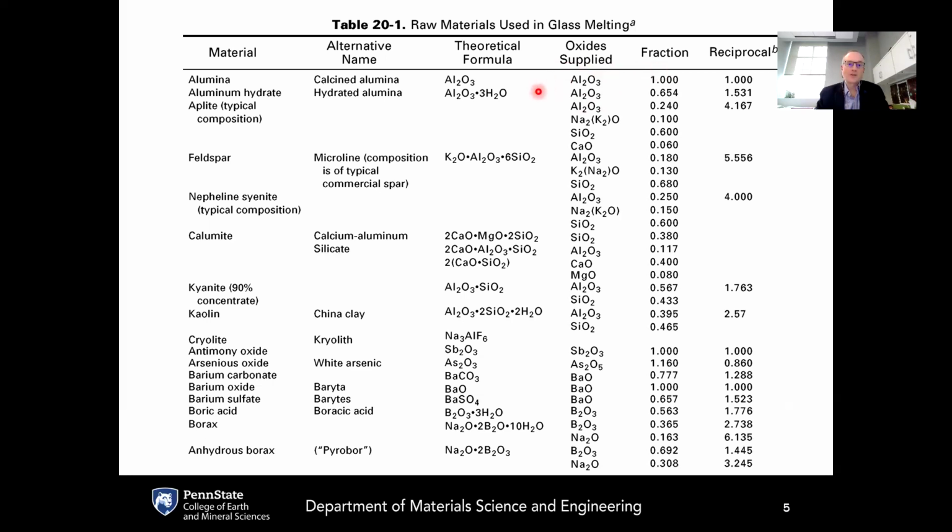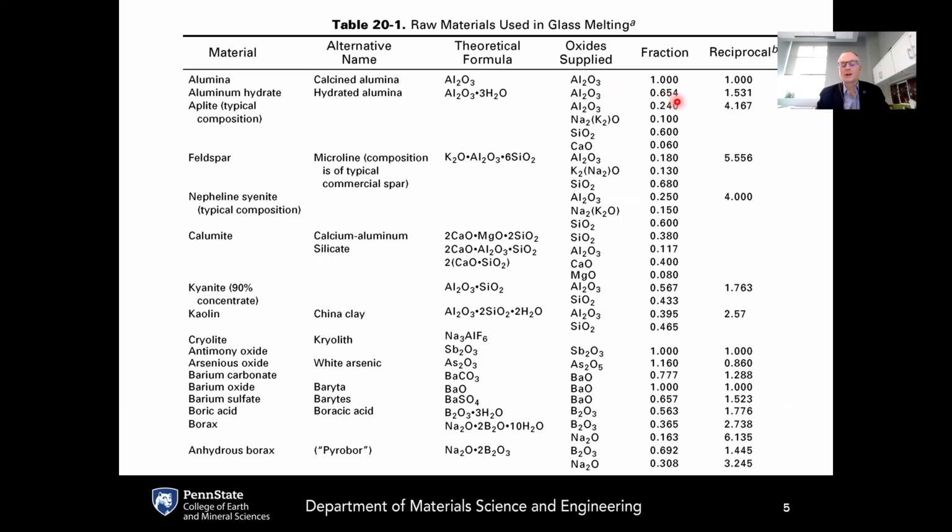You can also get hydrated alumina. This is alumina hydrate, which has 3 molecules of water for every 1 molecule of Al2O3. And in that case, the batch factor is 0.654, which means that for every 1 gram of this chemical formula that you batch, you're losing 3 water molecules, and therefore you only get 0.654 grams of alumina.